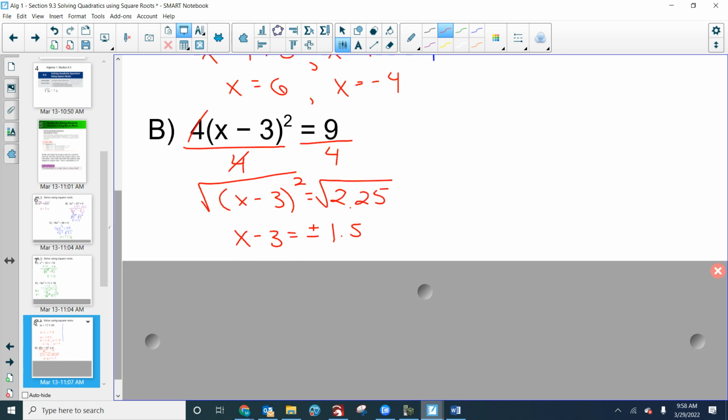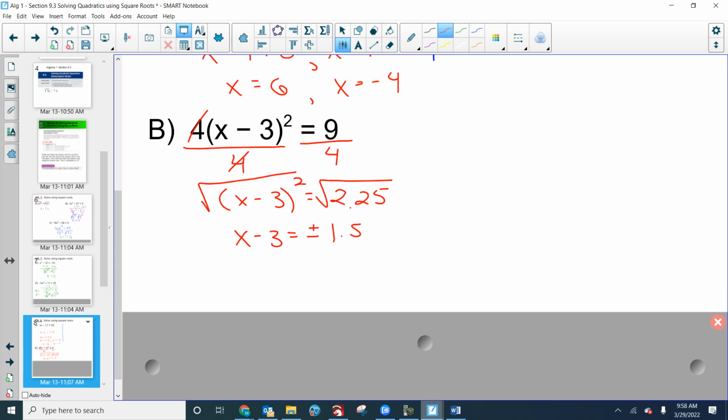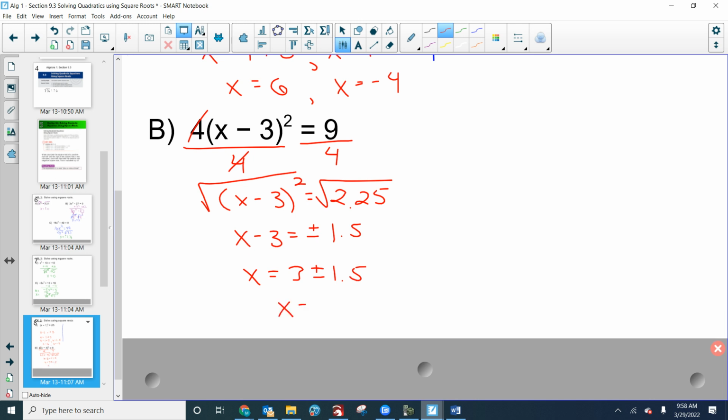And the last step to unwrap this present is to add 3 to both sides. 3 plus or minus 1.5. So we get 3 plus 1.5 and 3 minus 1.5.